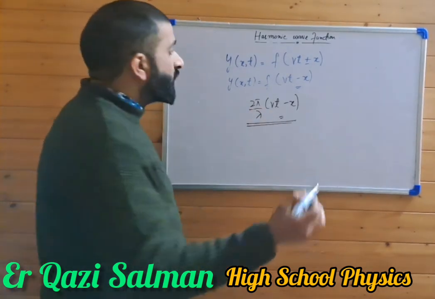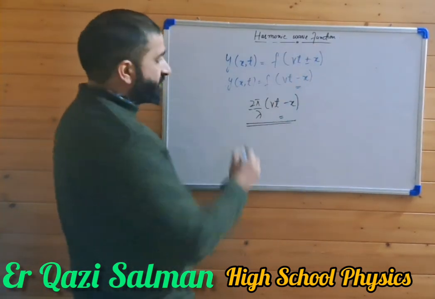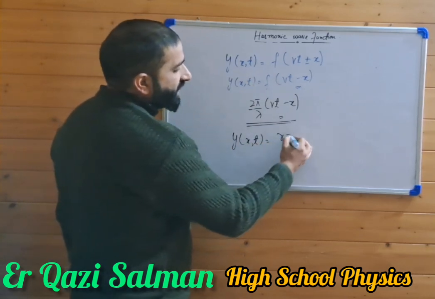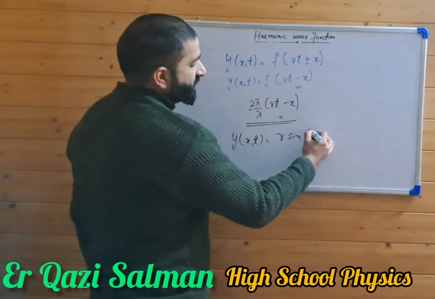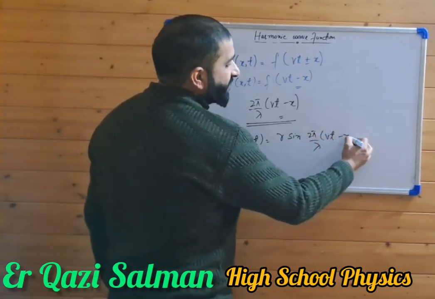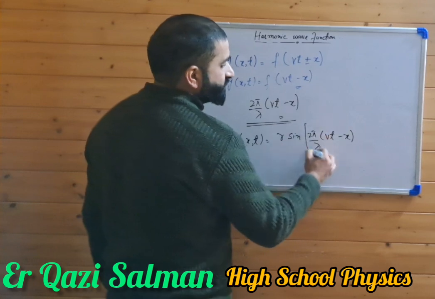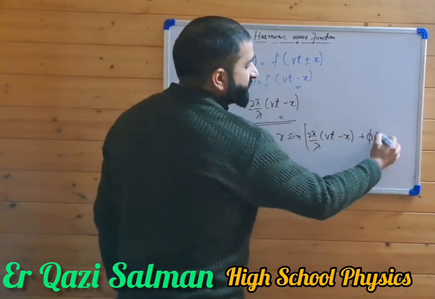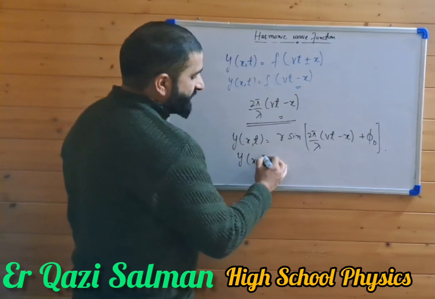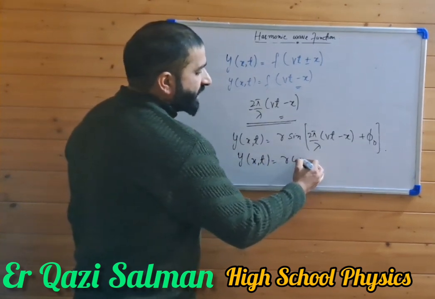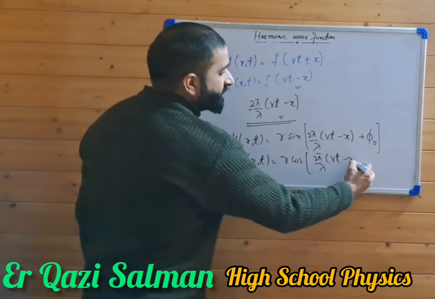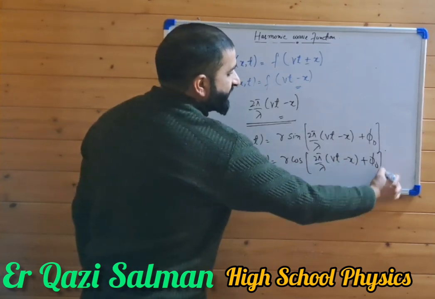So in order to represent a harmonic wave function, y of x comma t will be equal to r sine of 2 pi by lambda into vt minus x plus phi 0, or y of x comma t is equal to r cos of 2 pi by lambda into vt minus x plus phi 0.